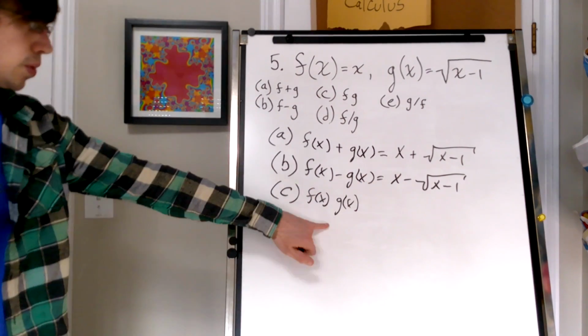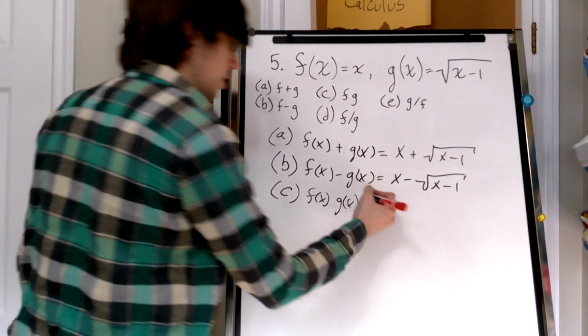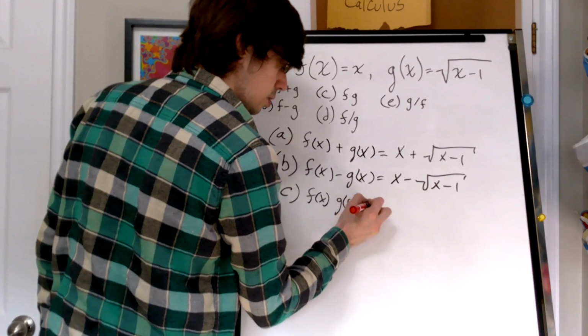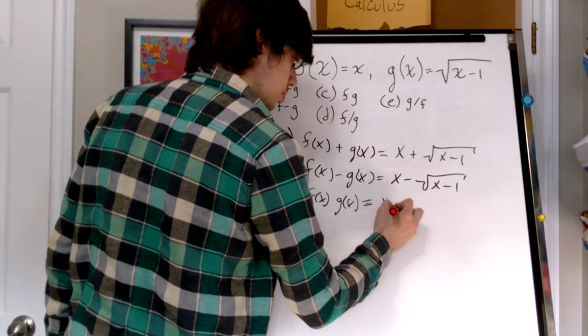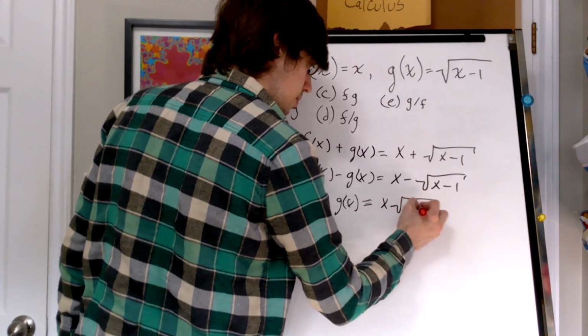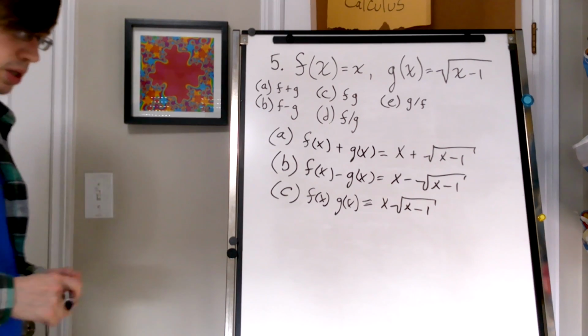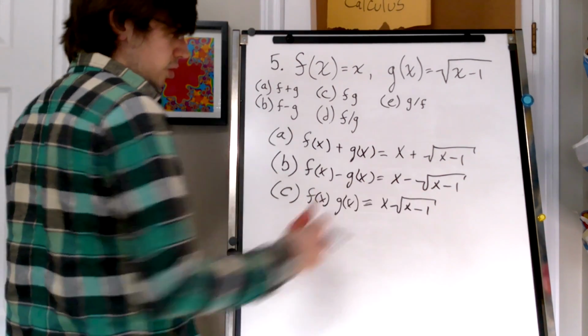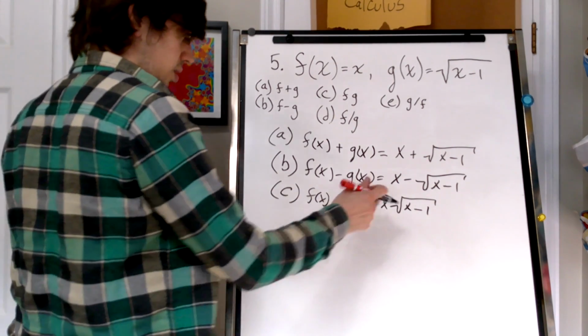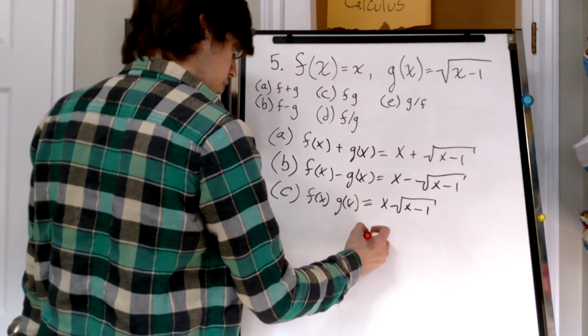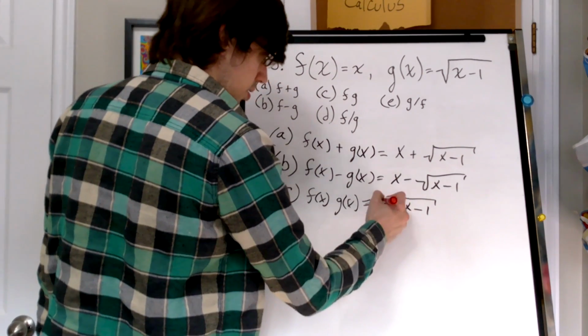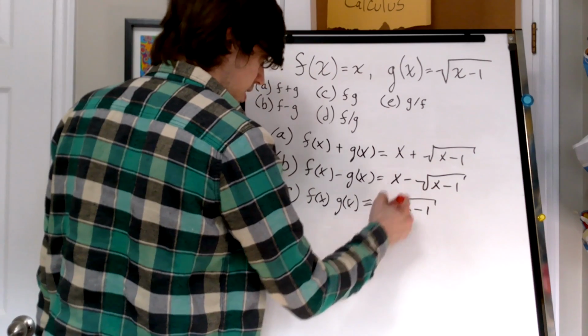Alright, multiplying. In this case, x times the square root of x minus 1. We could always put that inside, in which case we would get the square root of x times x squared.